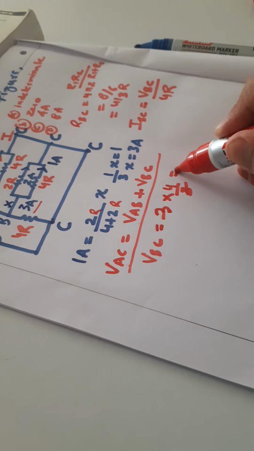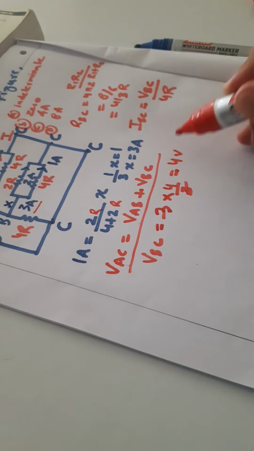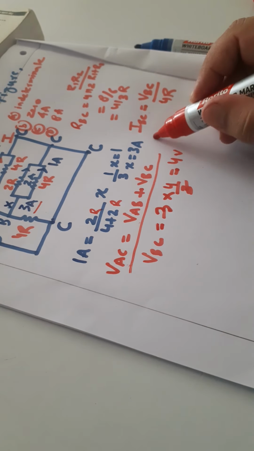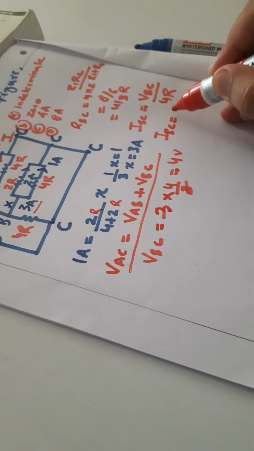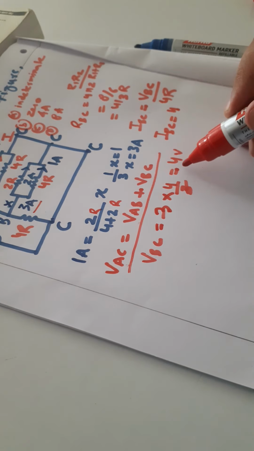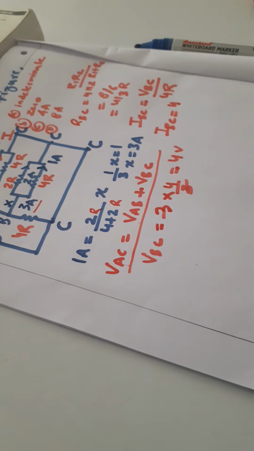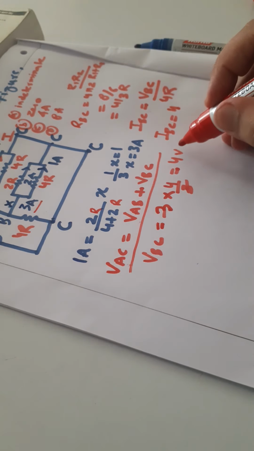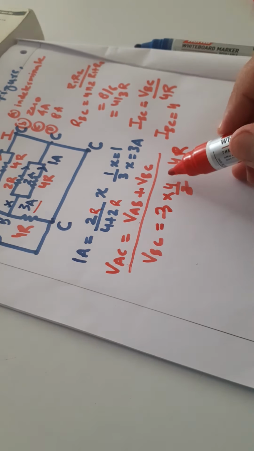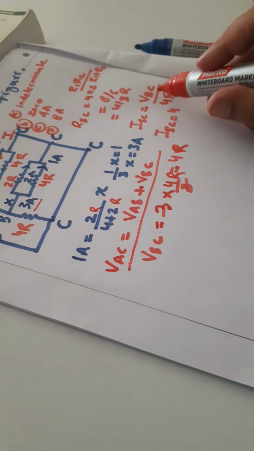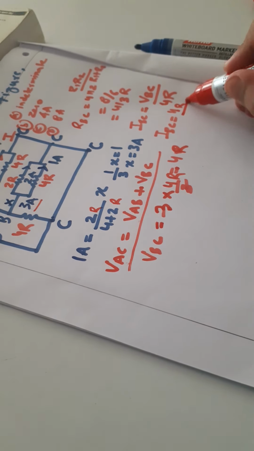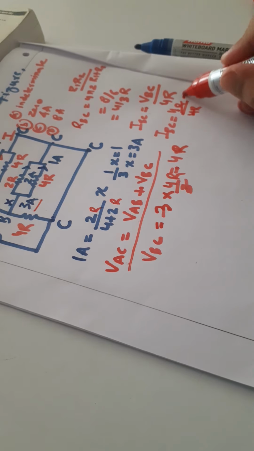So your VBC happens to be 4R volts. Now you calculated VBC, so IBC is 4R divided by 4R. So IBC happens to be 1.